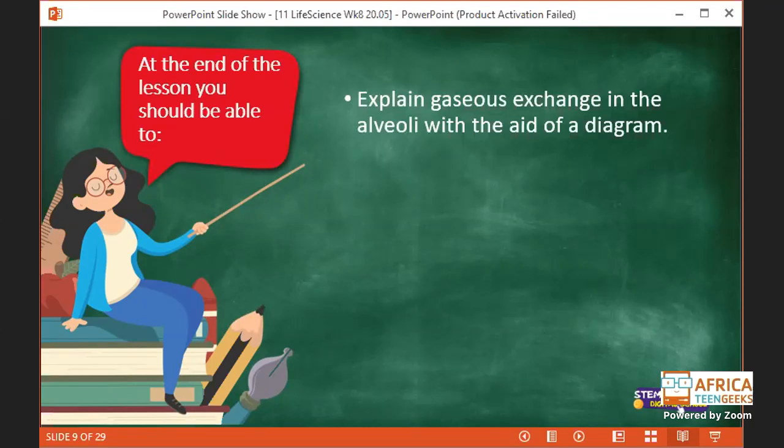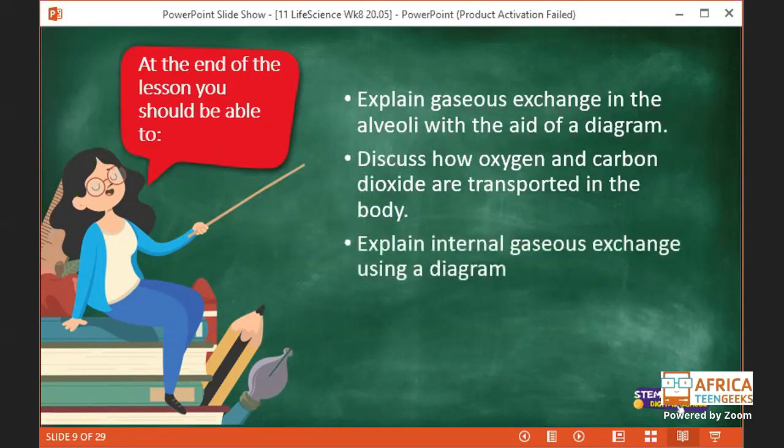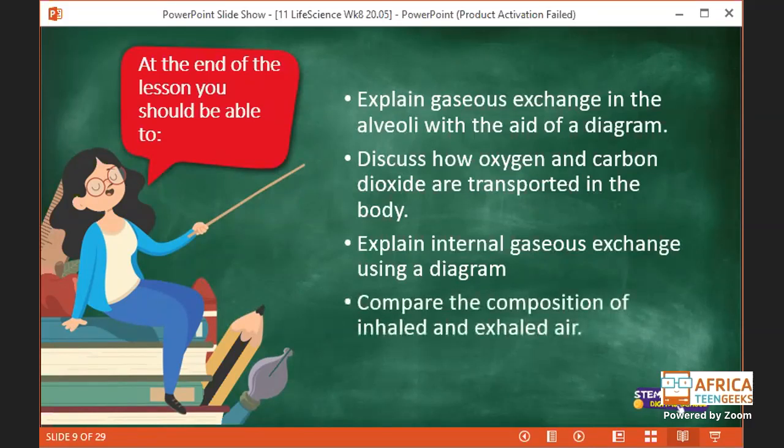You also need to be able to discuss how oxygen and carbon dioxide are transported in the body, explain internal gaseous exchange using a diagram, and compare the composition of inhaled and exhaled air.